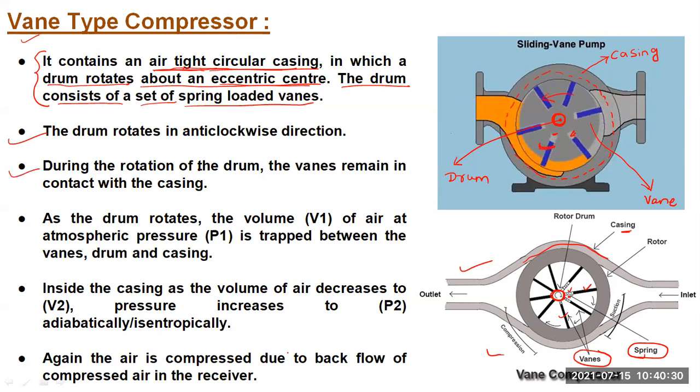During the rotation of the drum, the vanes remain in contact with the casing. Okay, you can see this is the casing, and these are the vanes. There is no space between this casing and the vanes, because if some gap is there, then some leakage will also be there. In order to avoid the leakage of air, there is no gap between the casing and the vanes.